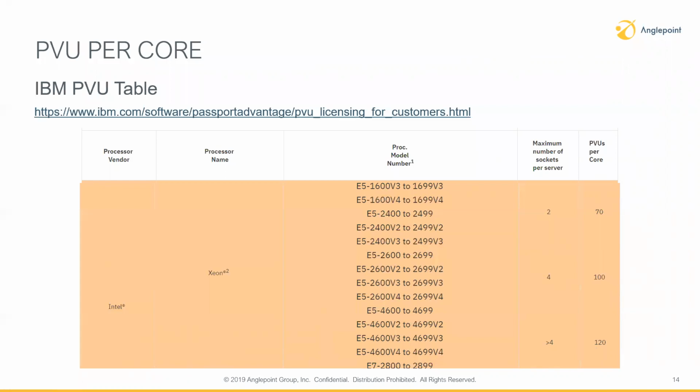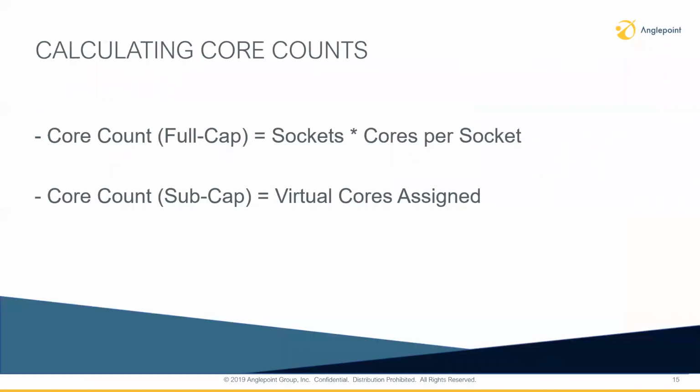You have to identify the processor type that you have and the number of sockets that are on that physical host. Once you have that information, you go to IBM's PVU table and figure out what the PVU per core assignment is for that specific processor and socket count. And then again, the core counts.